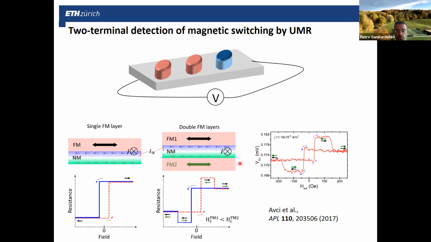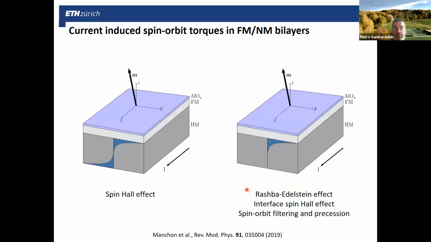And then in this case, you would observe the switching of the two magnetic layers independent of each other. So this effect, also similar to the other spin orbit induced magnetoresistance, can be used to sense the magnetization orientation of the system.